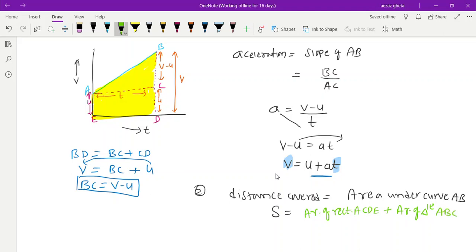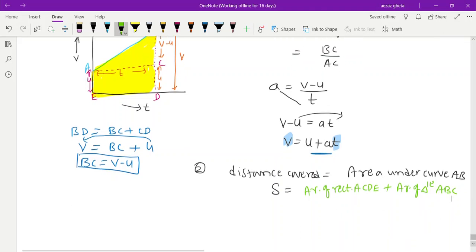Right, understood. Now the area of a rectangle is length into breadth, and the area of a triangle is half into base into height.